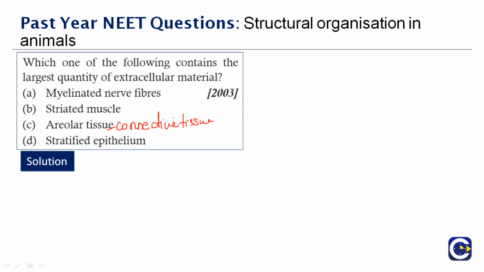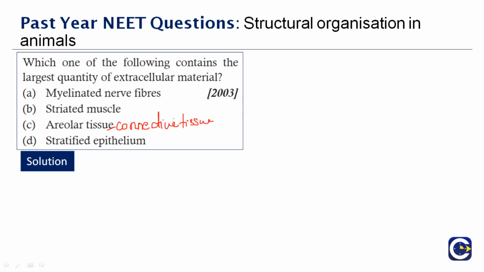What about the striated muscles, stratified epithelium, or the myelinated nerve fibers? Now, what do you mean by stratified epithelium? That contributes to the skin, right? Where you have a coating, you have inner epithelium, outer epithelium, and various things like that. Now, when we talk about striated muscle, even that we have discussed in the earlier parts of the same chapter.